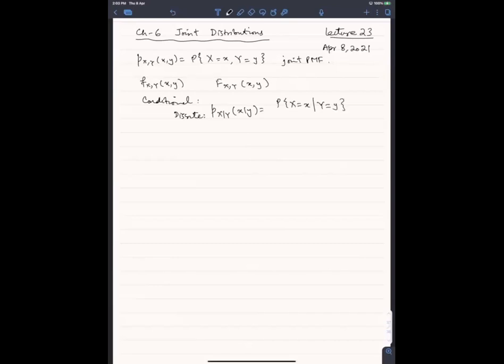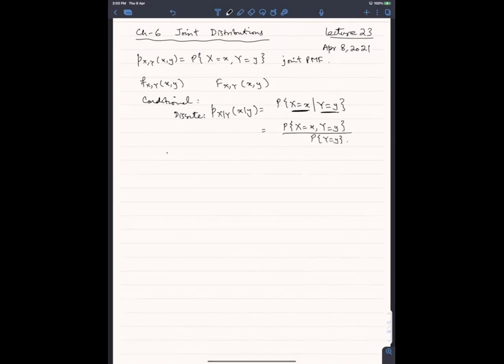These are two events, so this is the probability of one event given the other event. From chapter 2, we can write this as the probability of x taking a value x and y taking a value y, divided by the probability of y taking a value y.